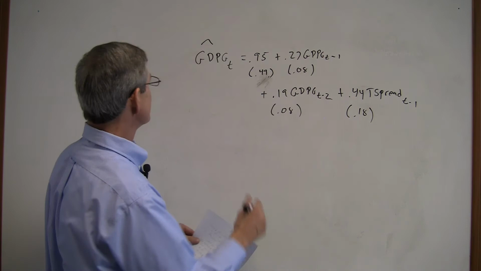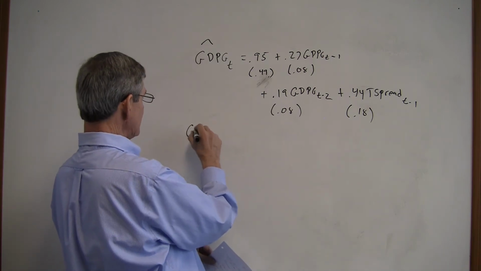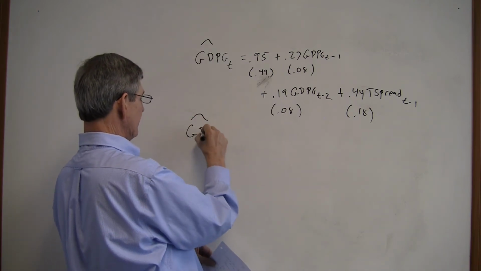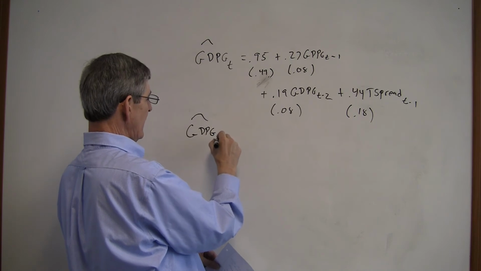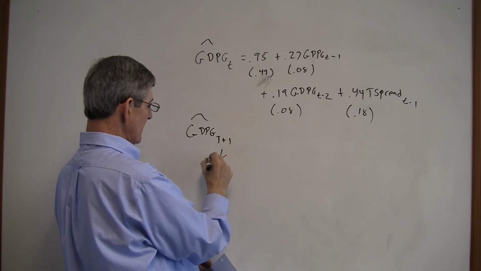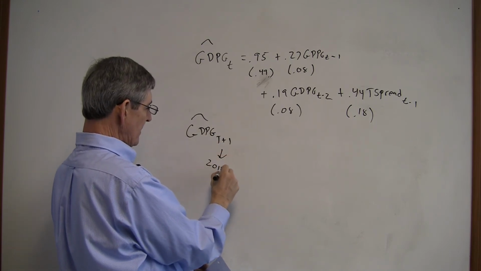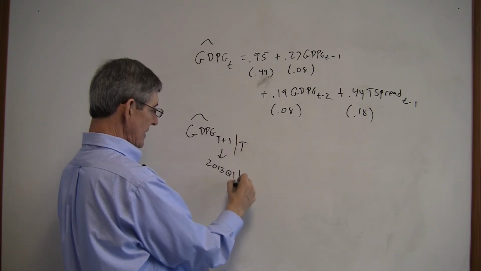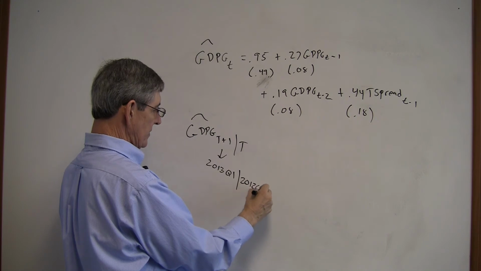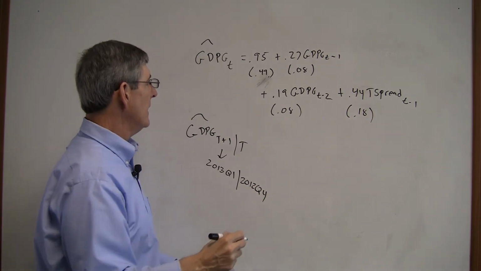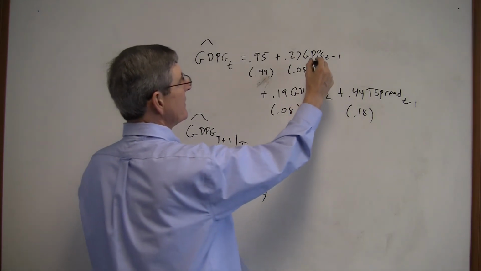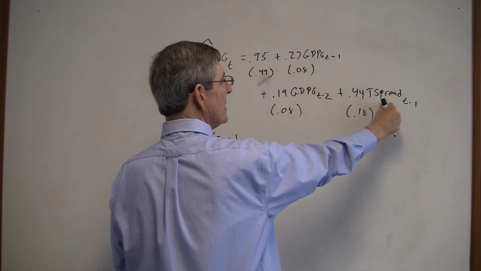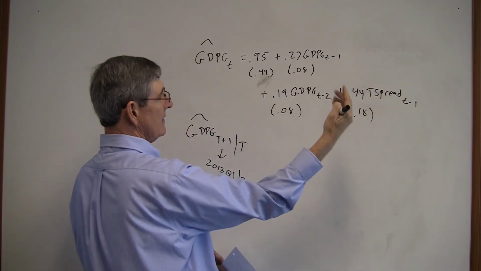We could use this to forecast GDP growth at t plus 1. In the data, it's 2013 Q1, based upon t, which is 2012 Q4. You would just plug in the values for GDP and the term spread, which are in your data set.